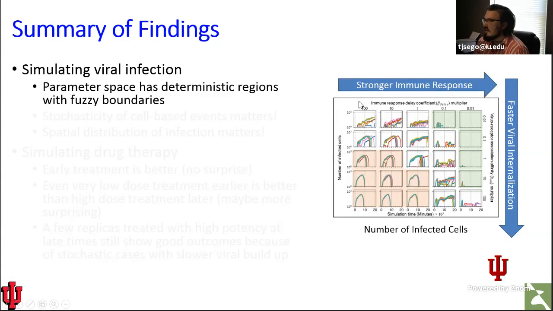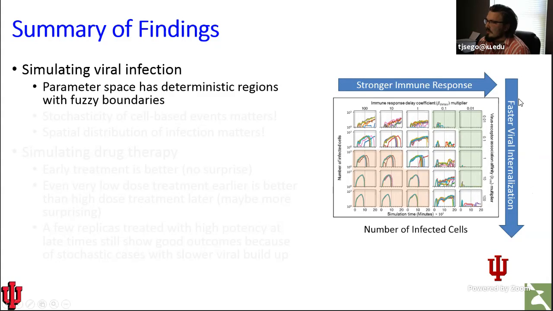In this case, what we simulated in our parameter sweeps was varying a parameter that changes the strength of the immune response, meaning that for the same cytokine signaling, we get either more or less immune cells, and also varying the rate of viral internalization.